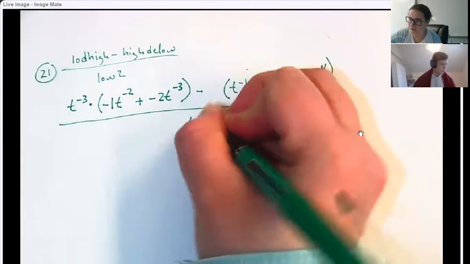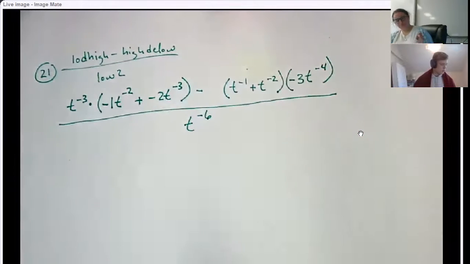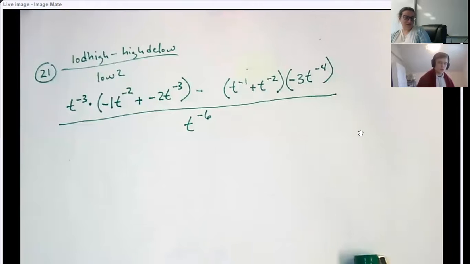No, t to the negative 6th. T to the negative 3rd times t to the negative 3rd would be t to the negative 6th, because you have two of them. Okay, yeah, all right.